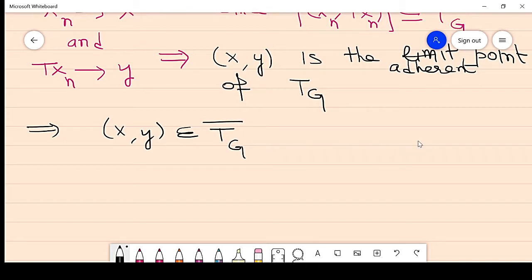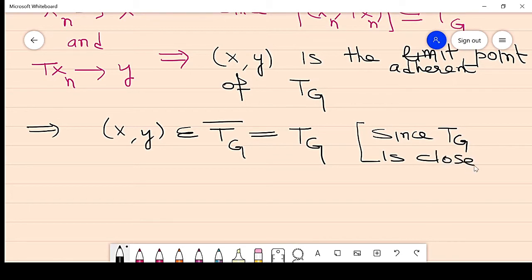But Tg is closed, so this is equal to Tg. Since Tg is a closed set, it implies this (x, y) belongs to Tg.